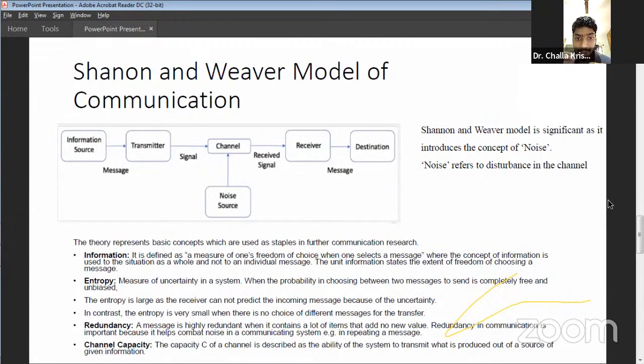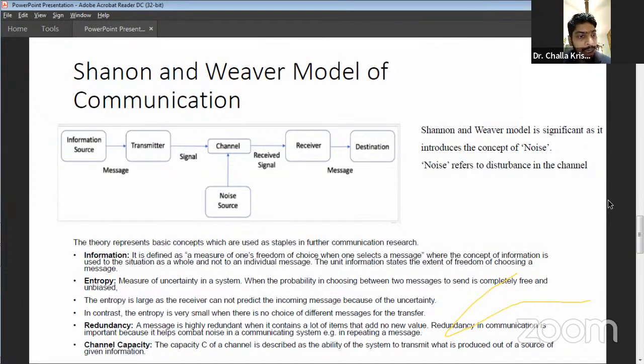All these factors play a major role in you choosing the message. How much of the message you want to disseminate, whether you want to disseminate the entire message completely without any omissions, or you want omissions, you want to cut it, you want to present it in a more diplomatic way. So that is again information in the Shannon-Weaver model.